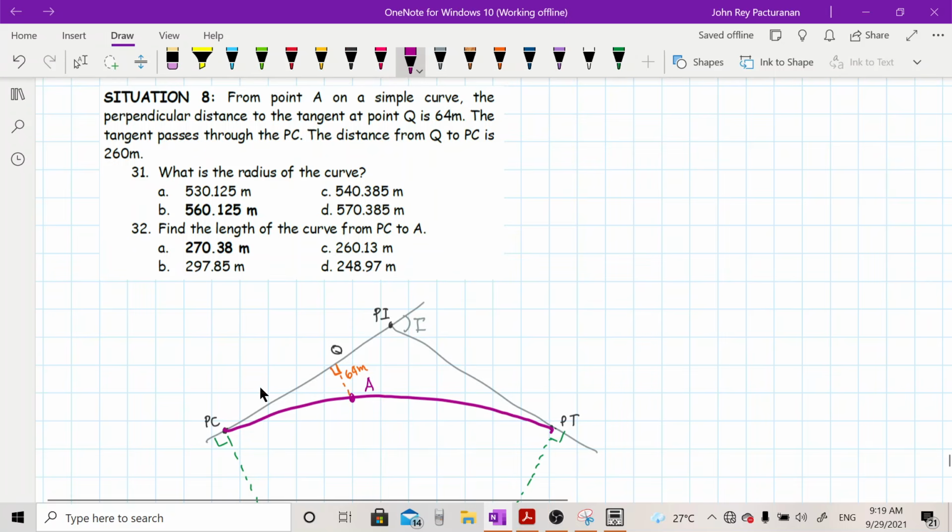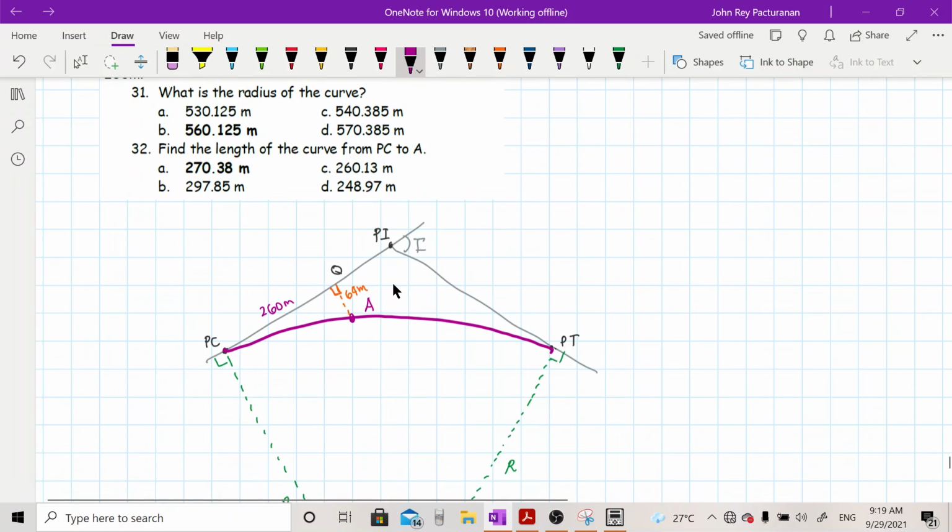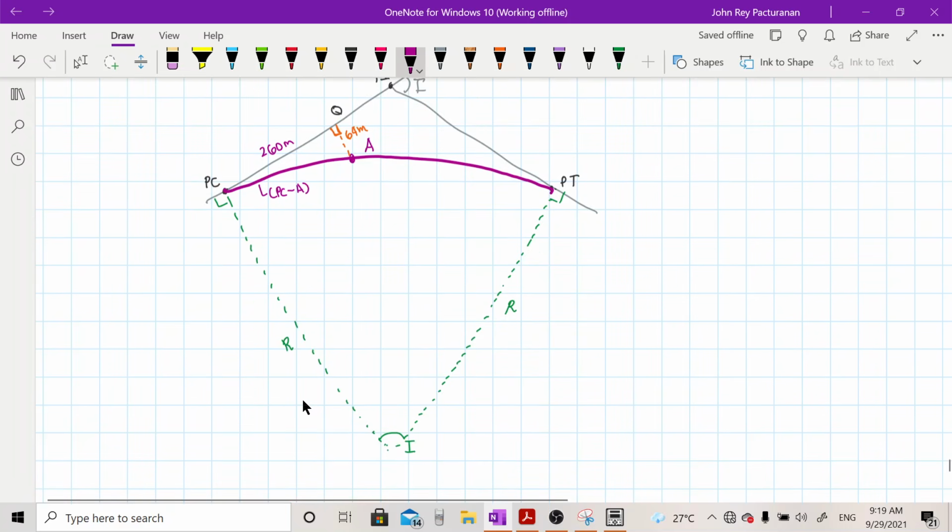So, ito, 260 meters to. So, yung unang tanong is the radius of the curve. And yung next question is the length of the curve from PC to point A. Okay? So, length from PC to point A. Of course, kailangan din natin mahanap kung ano yung magiging subtended or central angle dito.